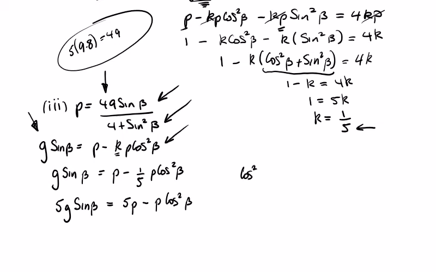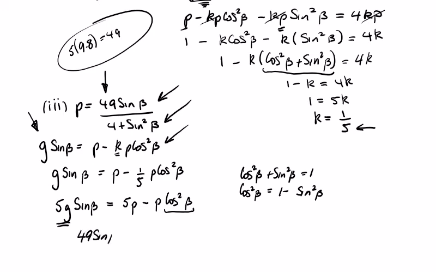Now cos squared beta plus sine squared beta is equal to 1. So cos squared beta is equal to 1 minus sine squared beta. So let's replace this guy with 1 minus sine squared beta, and we're going to get 49 here.